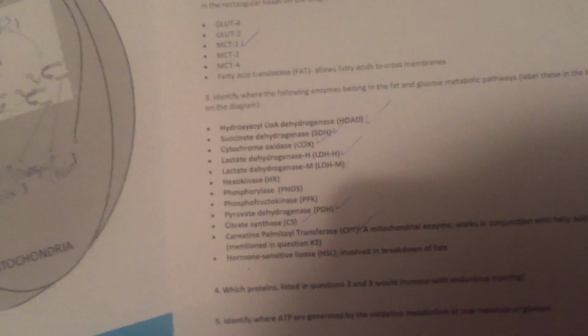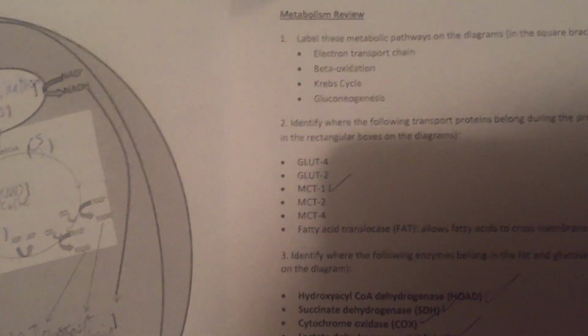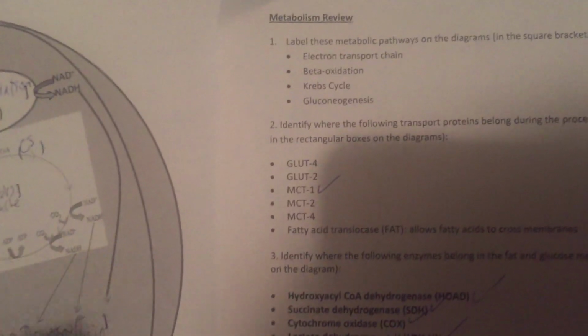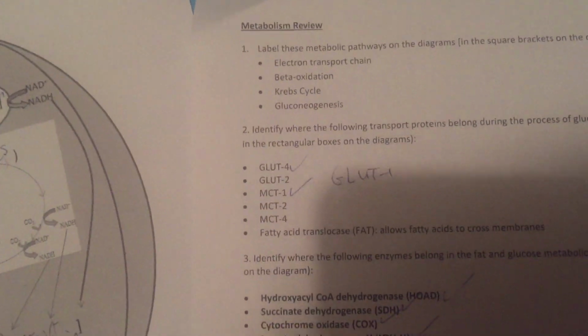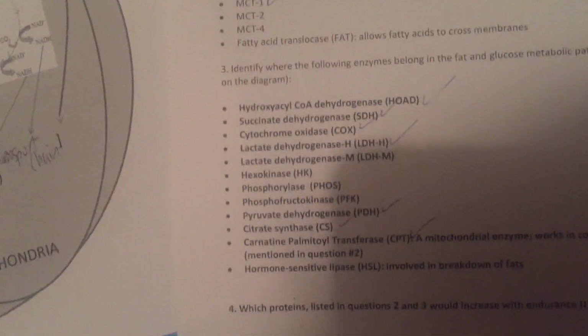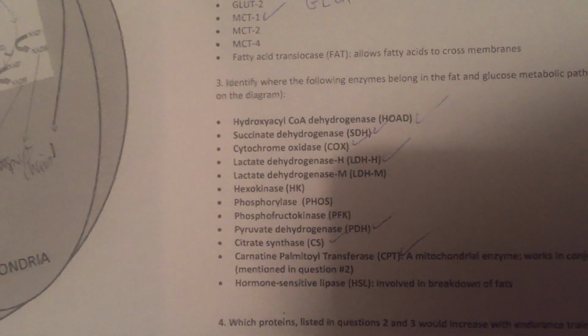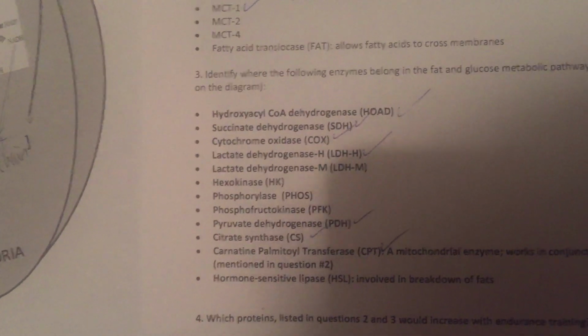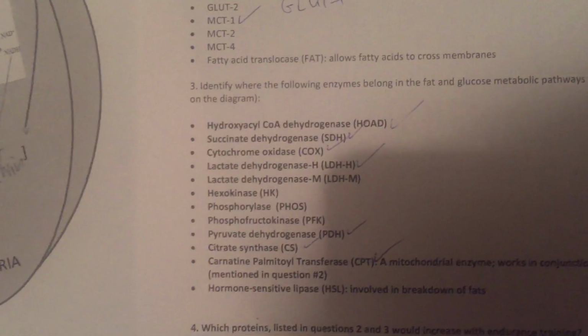Now there's a few others that also increase with endurance training that are not in the mitochondria, and that includes your glucose transport proteins, GLUT4, and you could also write in GLUT1 here, which I don't have in this exercise, but GLUT1 would also increase with endurance training. And then down here, the only other one that would increase with endurance training, and this one's a little bit tricky, is your hexokinase.